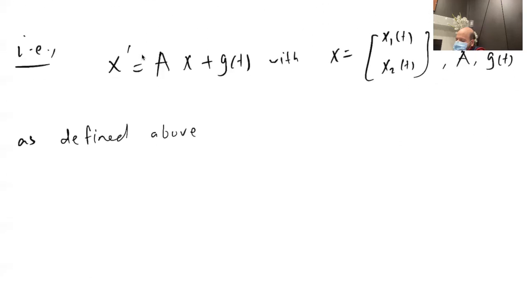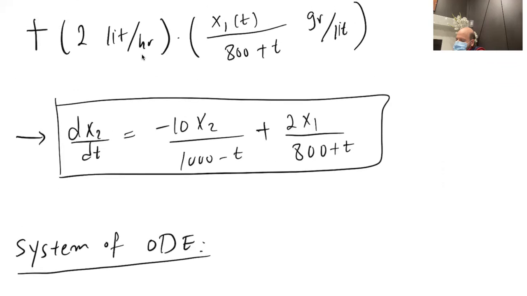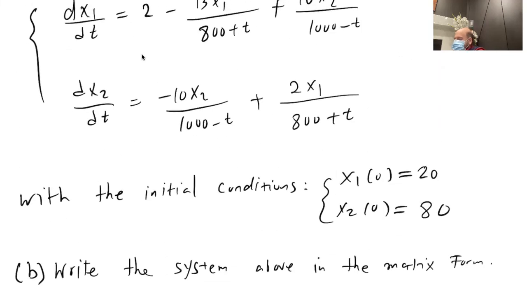I can also write the initial condition in the vector form. The initial conditions are these two: x1 of 0 is 20, x2 of 0 is 80. And I know that x1 and x2 can be written as one vector x.